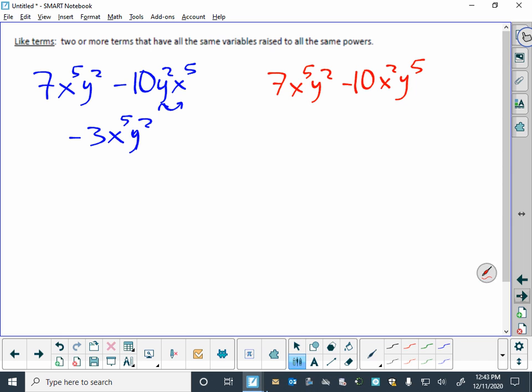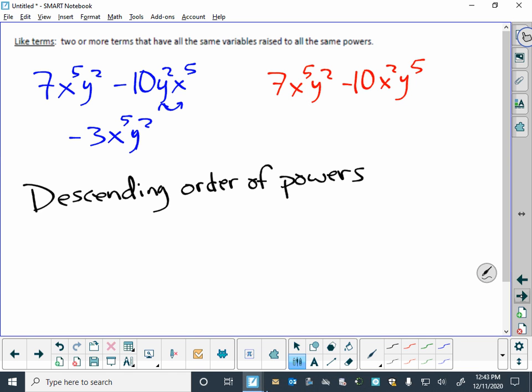The only other thing that I want to throw at you, and you can write this in there somewhere, you will often be asked to write your final polynomial in descending order of powers. We talked about a lot of examples today with x's and y's and z's, but the reality is what we're actually going to deal with are just going to have one variable.